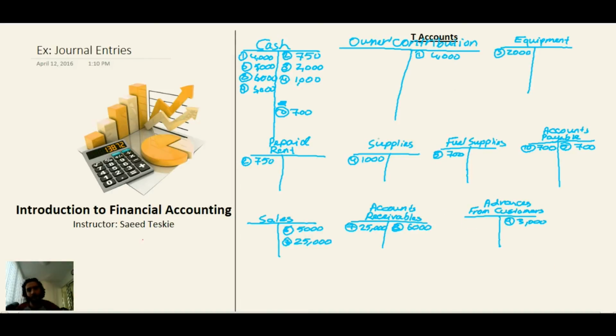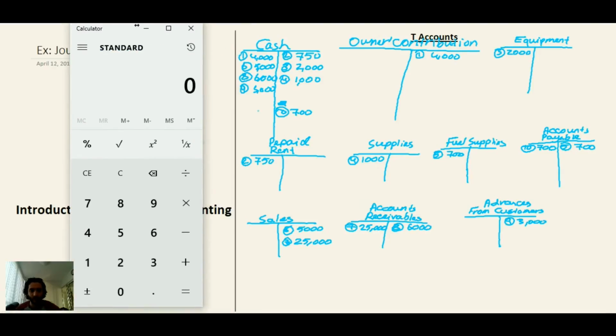Okay, T accounts help us to know the balances of each account. So for example, if I need to know how much cash I have, I'll bring the calculator, sum all the debit side that increased cash. So we have 4,000, then 5,000, then 6,000, then 3,000. So the total debit is 18,000.